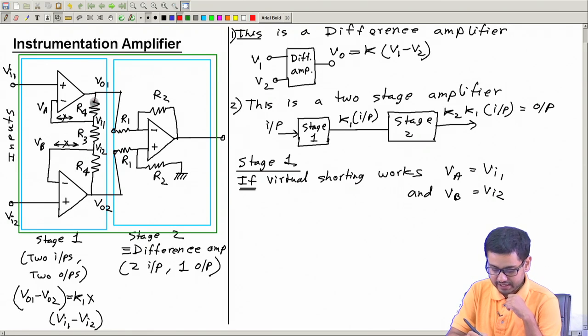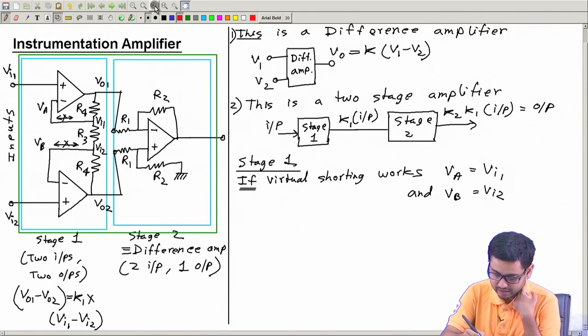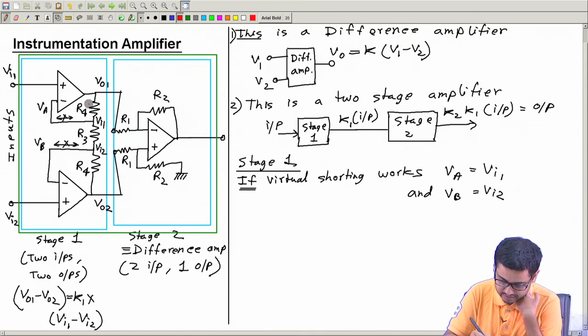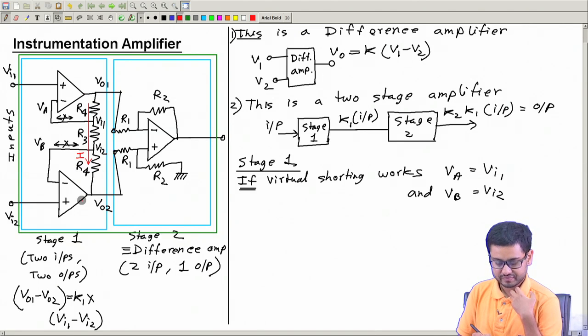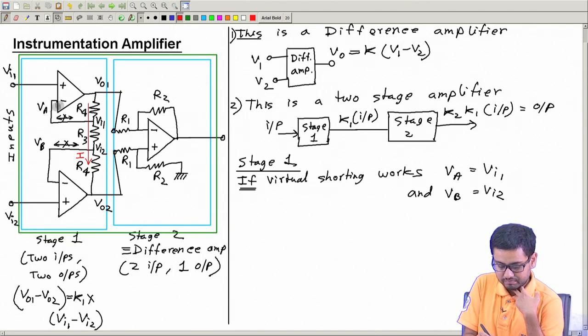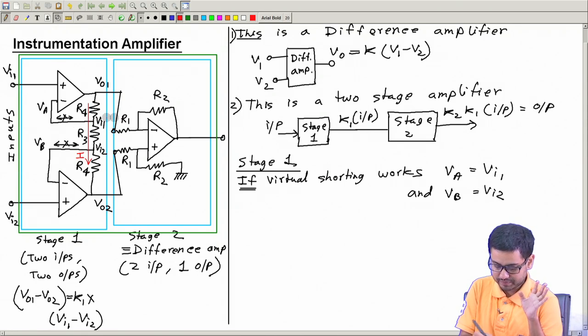So this will be a common current continuously. Let us call this current I. I is the current which starts from here and goes there. Nothing can branch out from here or here. That is obvious for an op amp.